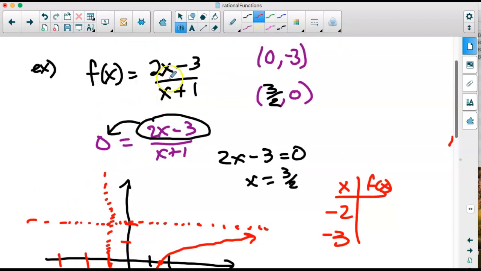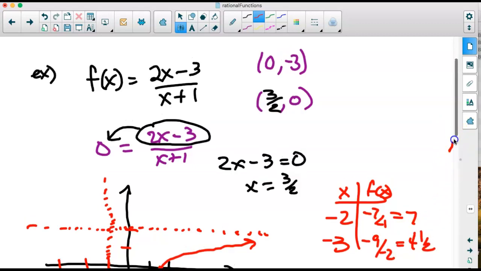Negative 2 is going to be negative 4 minus 3, that's negative 7 over negative 1, so that's going to be positive 7. Negative 3 is going to be negative 6 minus 3, which is negative 9 over negative 2, so that's going to be 4.5.